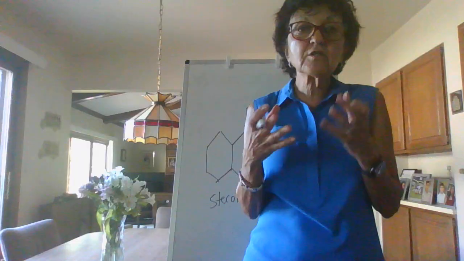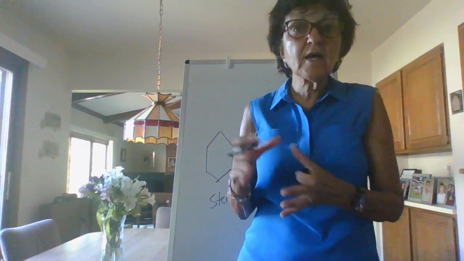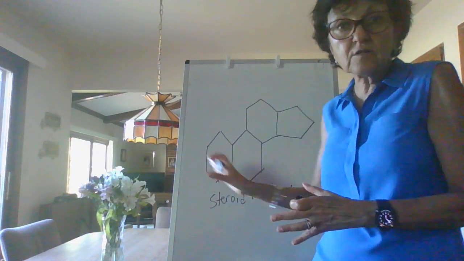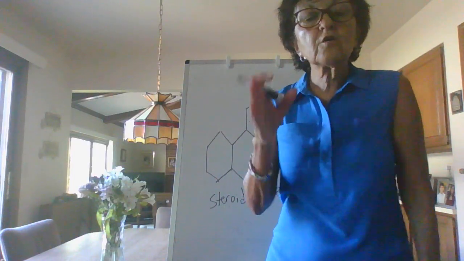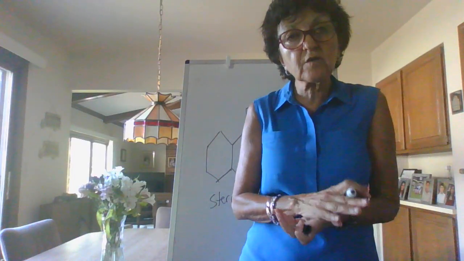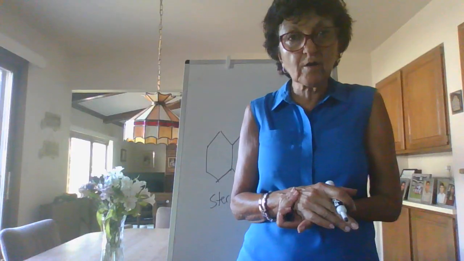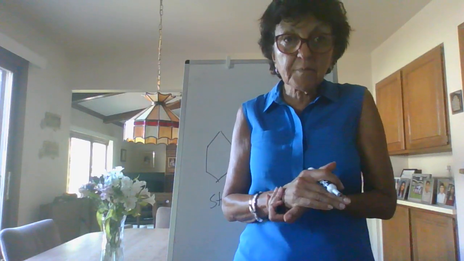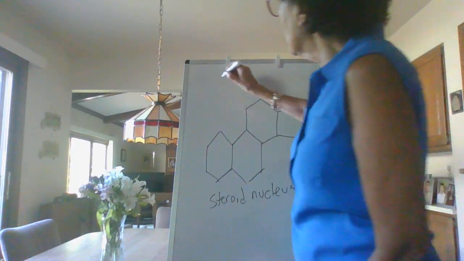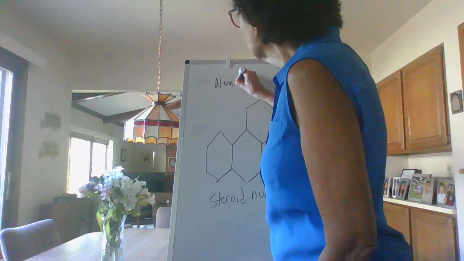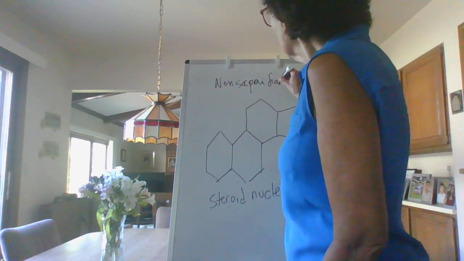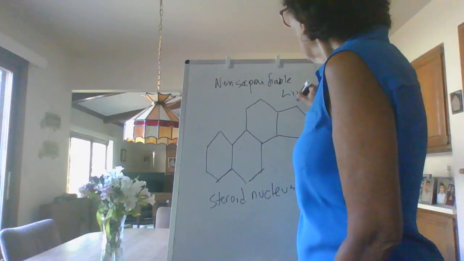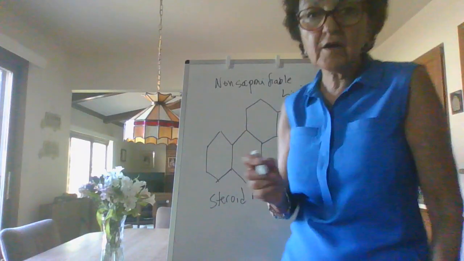So if I have a structure on a quiz or a test that you can recognize this nucleus here, it doesn't matter all the other stuff coming out of it, you say that's in the steroid or sterol category. It is considered a lipid, and it is considered a non-saponifiable lipid. Why is it considered non-saponifiable?